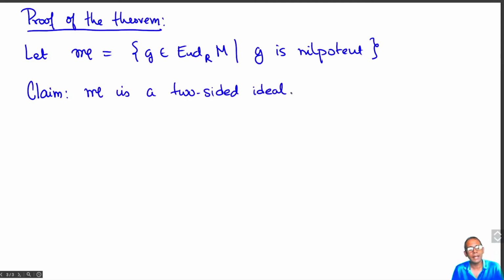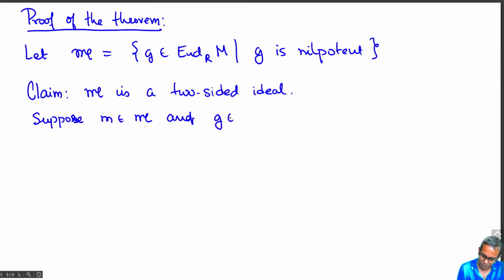So first we'll show that M is closed under left and right multiplication by elements of End(R M). So suppose m is in M and g is in End(R M). Now since m is in M, it is nilpotent. So m to the power n equals 0 implies firstly that m is not injective.